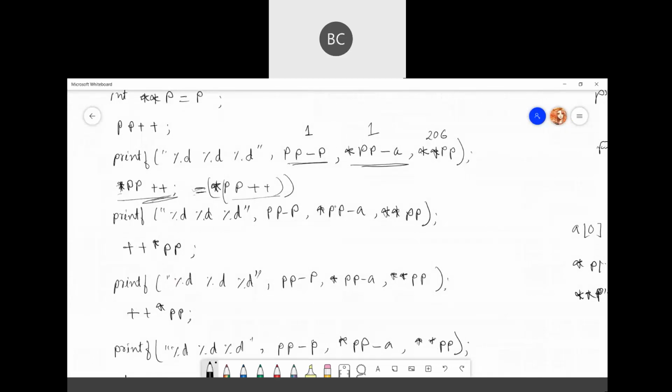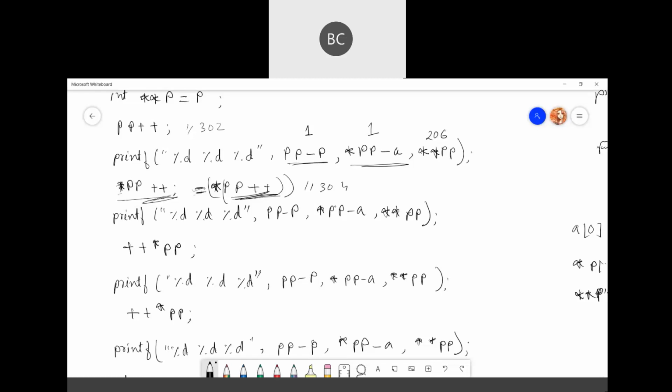So this line is equivalent to this part. Initially it was 302 here. Now it will be 304. Why 4? Because here we are incrementing it by 2 only. So this will be 304. That means this part is 304.